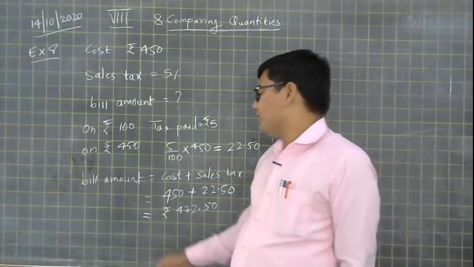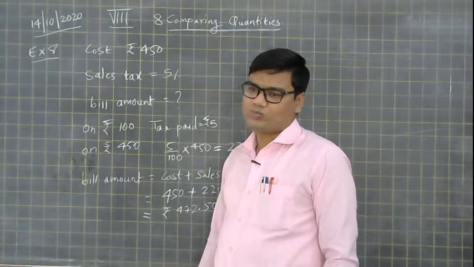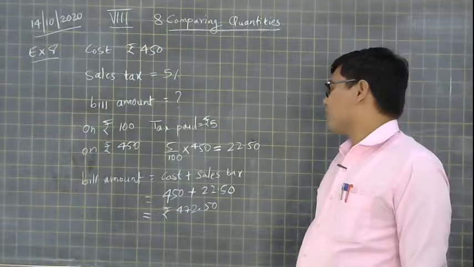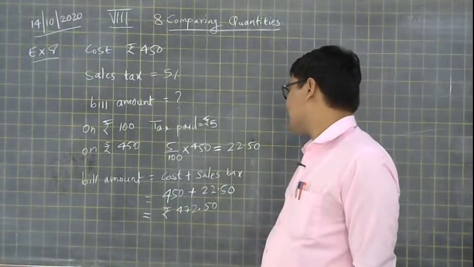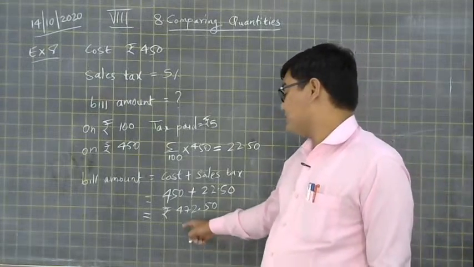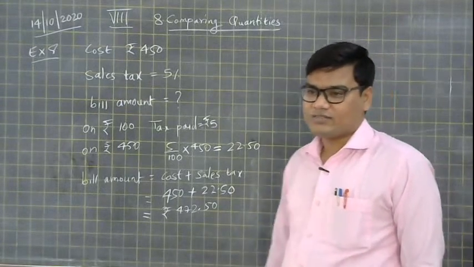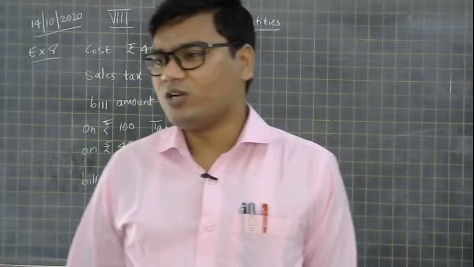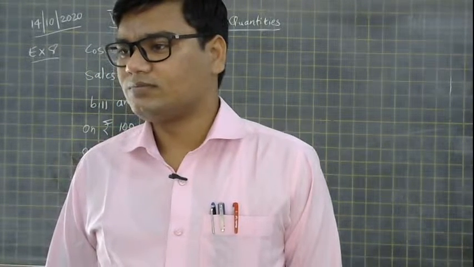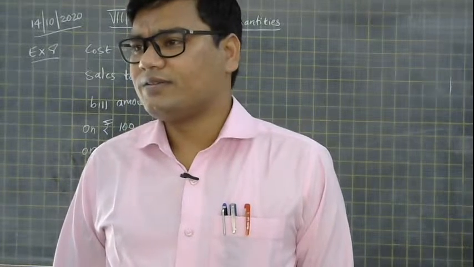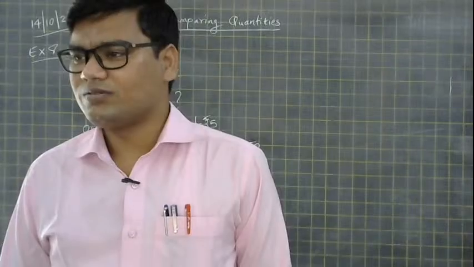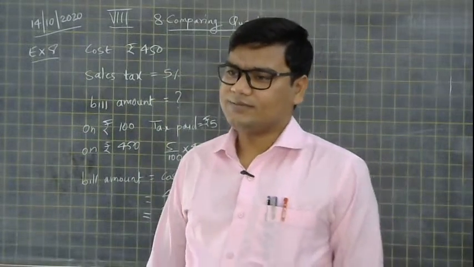The bill amount is the cost plus the sales tax. Cost is 450 and sales tax is 22.50. Therefore, the bill amount is rupees 472.50. Many of you have answered 472.50. Yes.